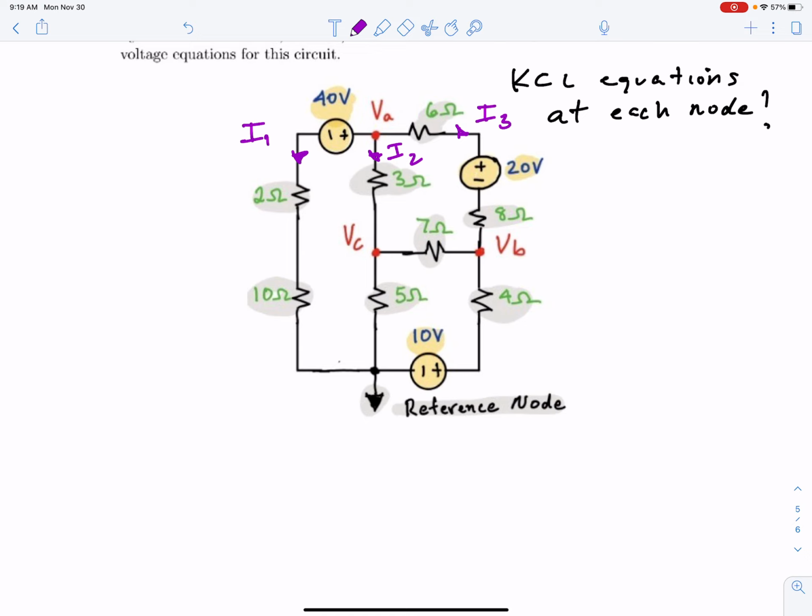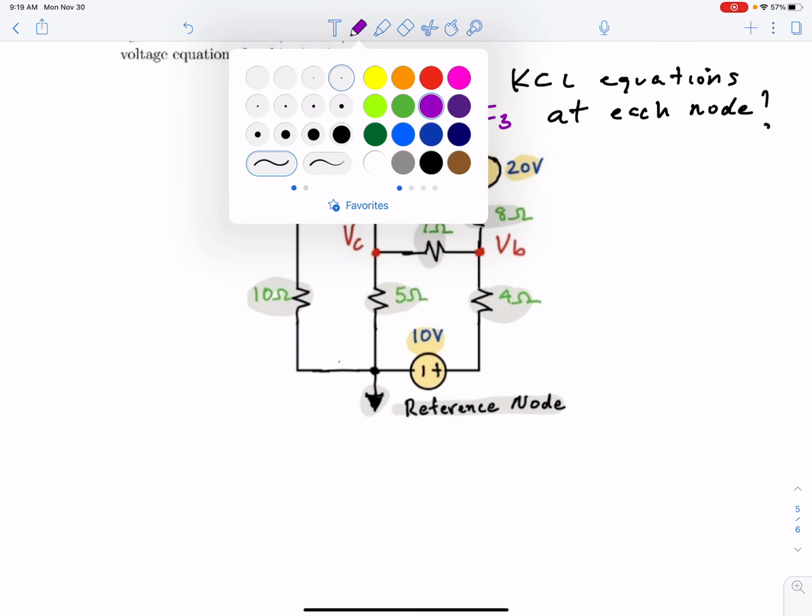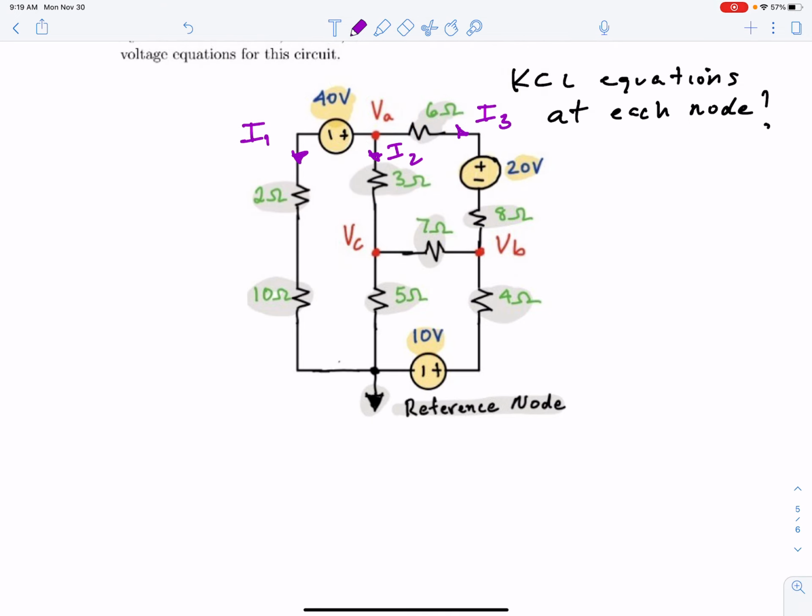Mentally, I'm going to take this first circuit and blow that up in purple. So I have this circuit and I have plus minus 40 volts. What I do is combine that into an equivalent resistance between the node. Here's VA and here is the reference.